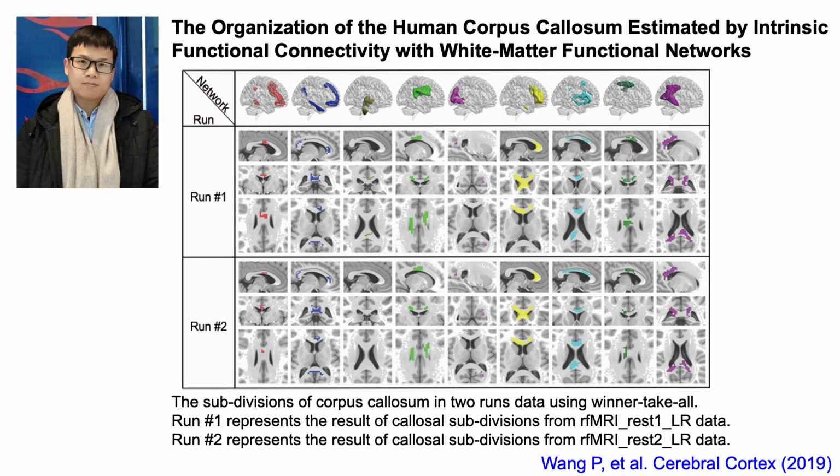Right, so this is one, the second method, and so on. Because we had used the HCP data and there was a second scan, we used it, and they showed that these results are fairly reliable.